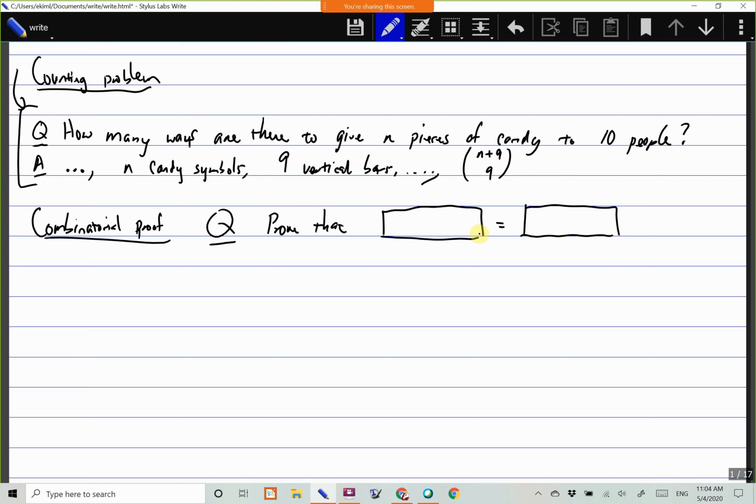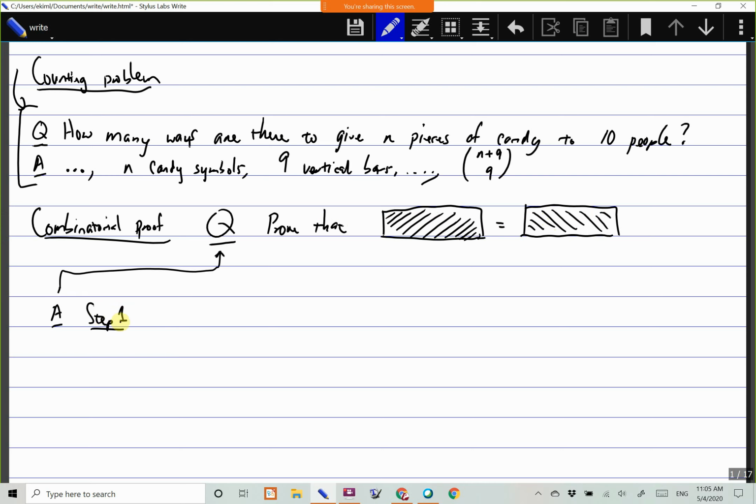Now I'm going to intentionally hatch these different directions. So I'm going to shade that way, and then shade this diagonal this way. So you have an equation, you have a left side, and you have a right side. Here's what you do. This is really different. How do you answer a question like this using the method of combinatorial proof?